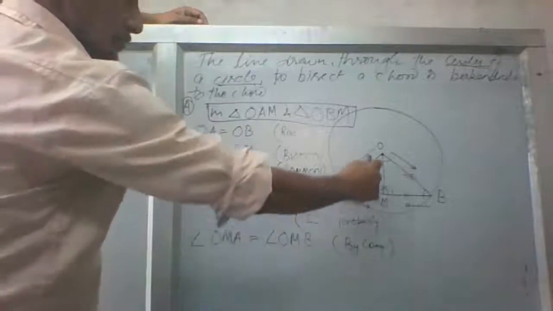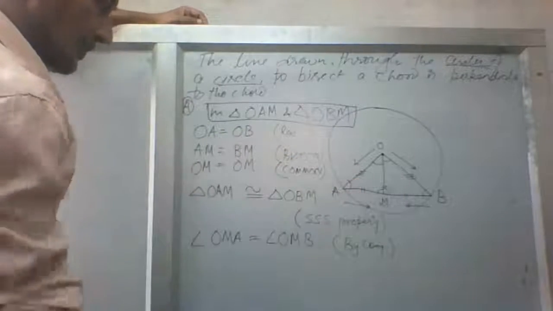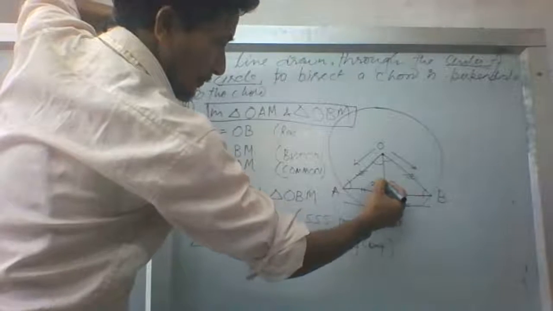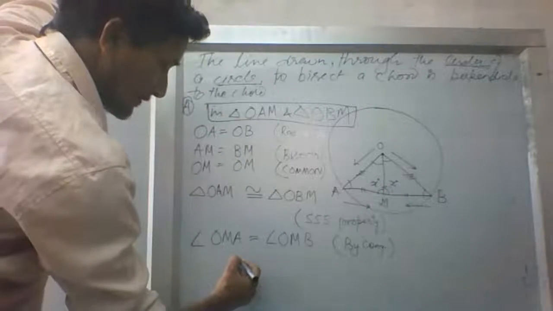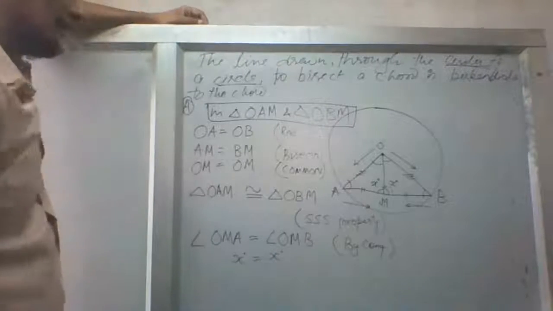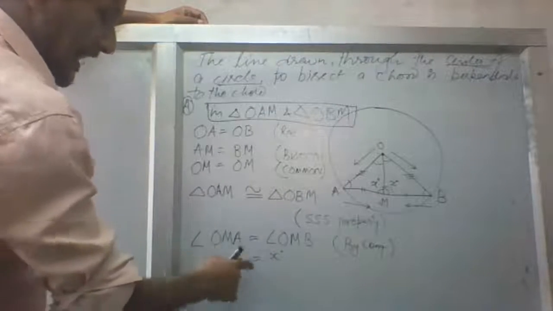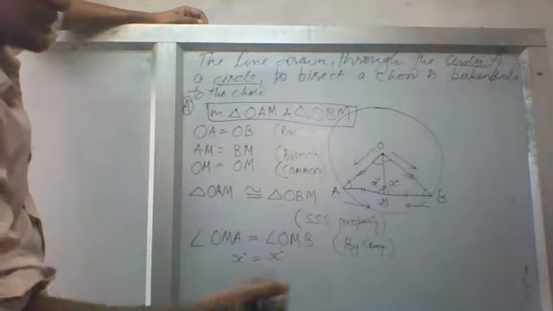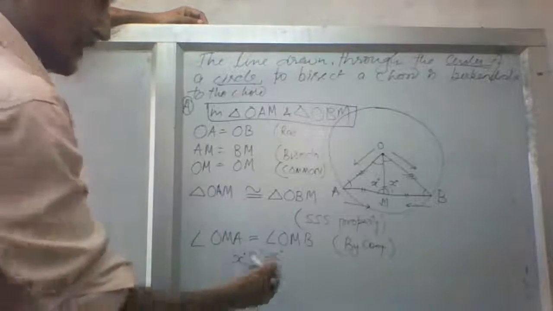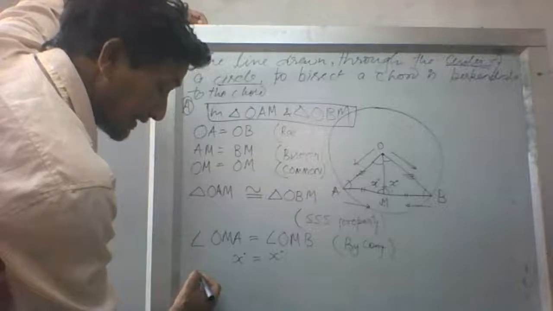If this angle is equal to x, this also would be equal to x. If this is x, then this is also x. Now, what will you write?